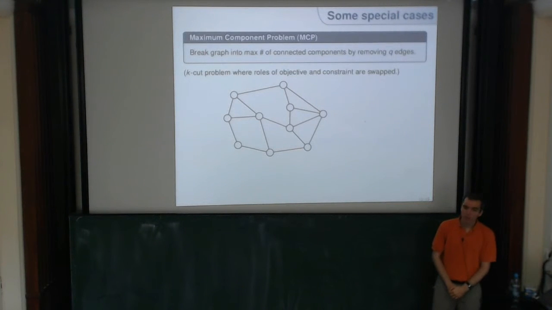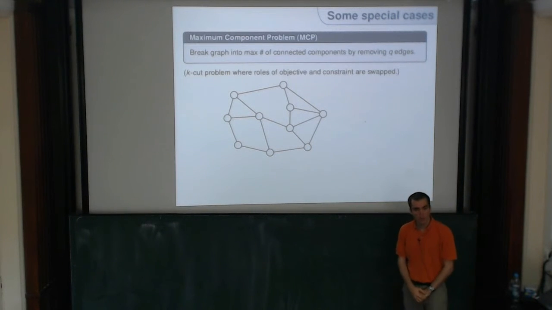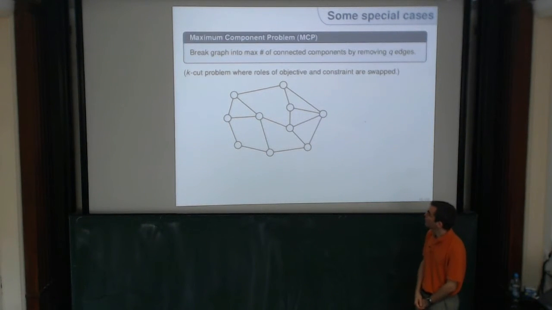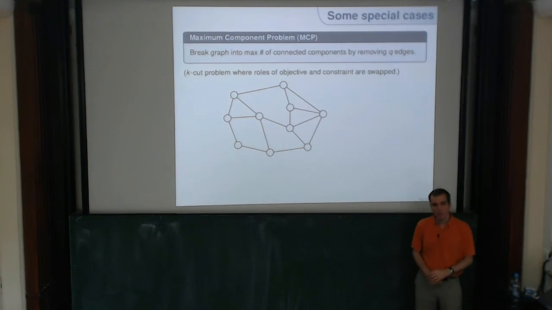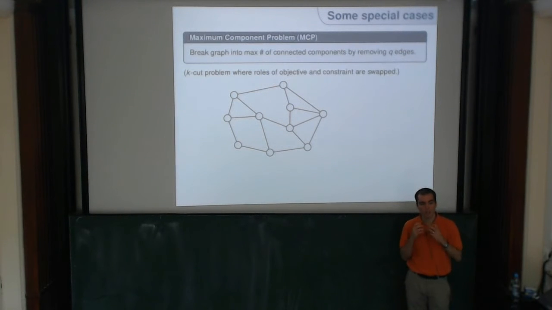Before I talk about how you can attack that problem, let's first connect it a little bit to better known problems. Let's start with the maximum component problem, which is very related to the K-cut problem. The problem is simple to describe. You're given an undirected graph and a number q, and you can remove q edges, and you want to break the graph into as many connected components as possible.